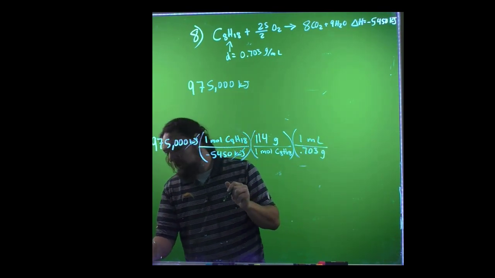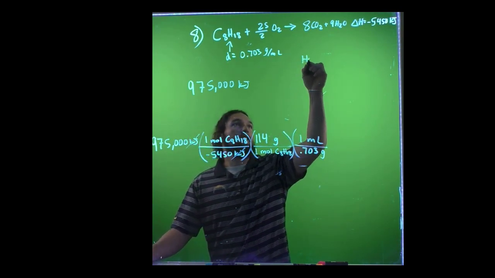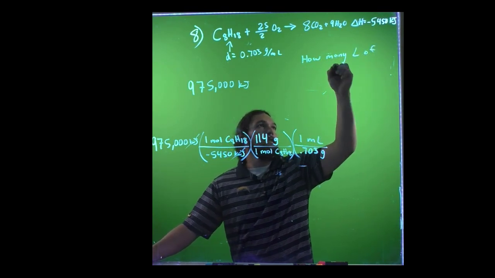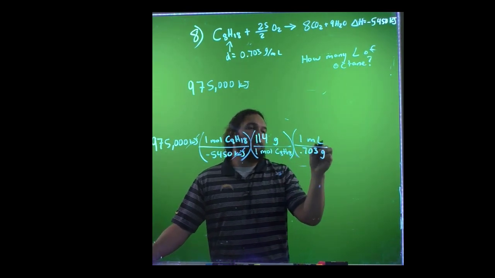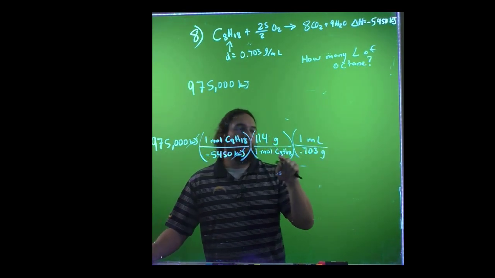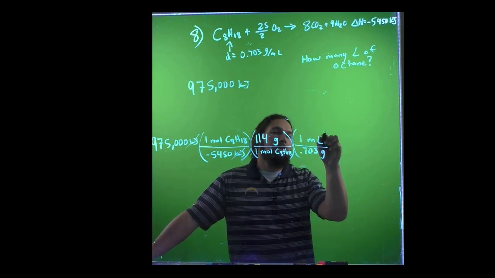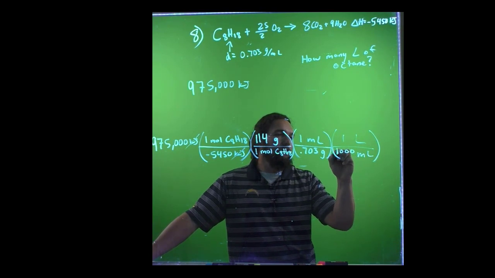And the question wanted to know how many liters, so that's why we're going from grams to mil. If we just needed to know grams, we could have stopped right here. We need to go to liters, so we use the density in grams per mil, and then we convert mils to liters using 1 liter is 1,000 milliliters.